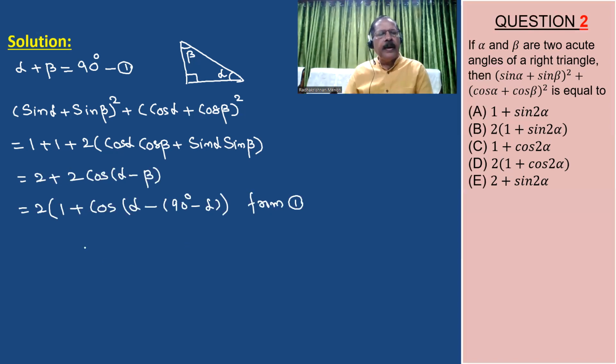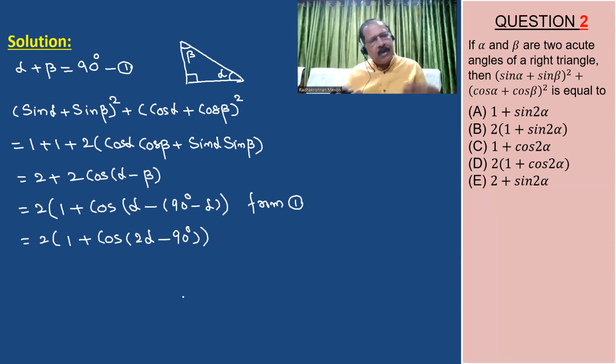Okay, now when you simplify, 2 into 1 plus cos of 2 alpha minus 90 degree. Is it not? You know that cos of 90 minus theta is sin theta.